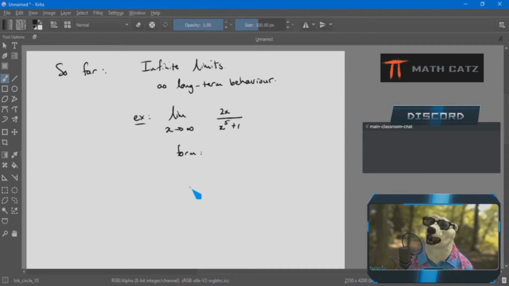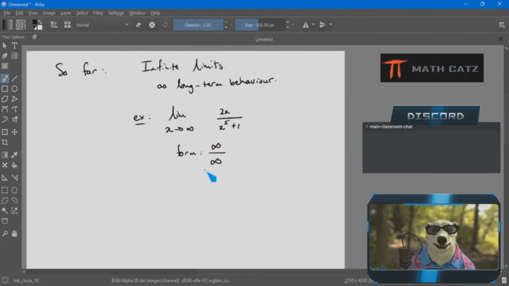Either way, it has information and I always want to do it. But it is a little hand wavy, right? What I'm doing is look at, okay, how does just 2x behave as x goes to infinity? Infinity. It doesn't tell me how fast or anything really, but it tells me that it is growing as well. X to the 5 plus 1 also growing.